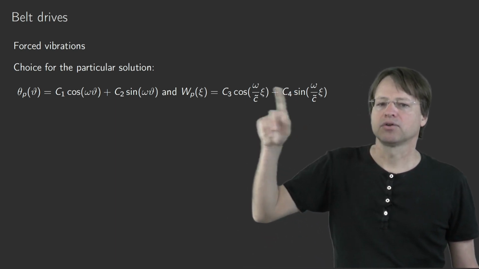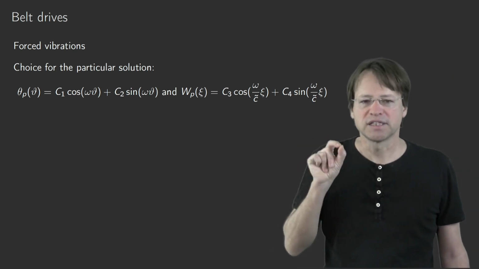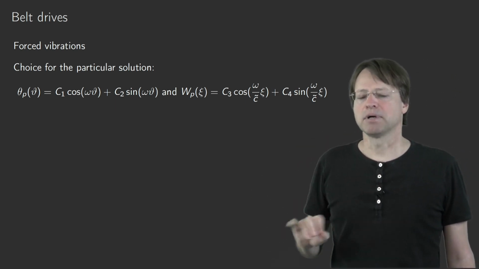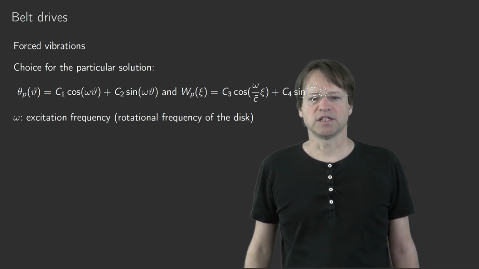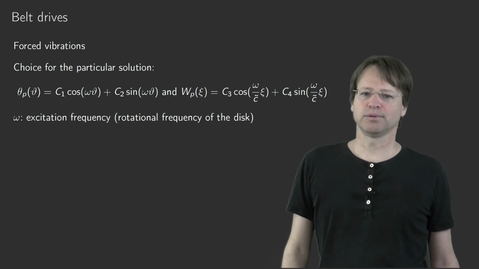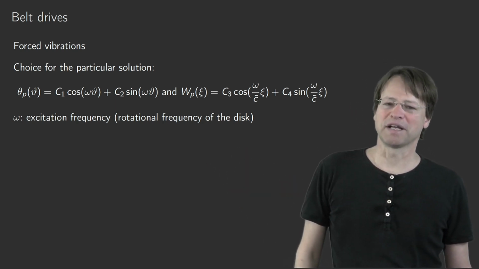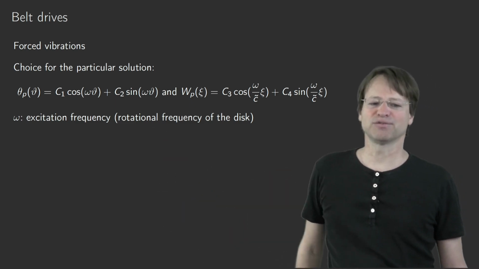But now that constant omega is not a natural frequency anymore, but it is dictated by the boundary condition. So it's the excitation frequency, and that is, I guess, related to the rotational frequency of the disk, if one is looking at a mechanism to get that excitation frequency.